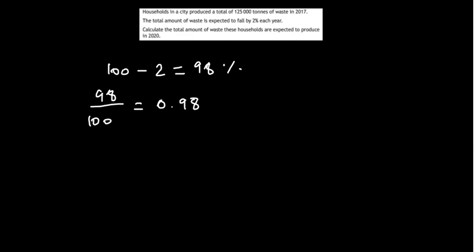Calculate the total amount of waste these households are expected to produce in 2020. Okay, so because it's a decrease this time, or you can say depreciation, it would be 100 minus 2. And then you just divide that by 100 as before, so 0.98, and that would be the factor of decrease this time.